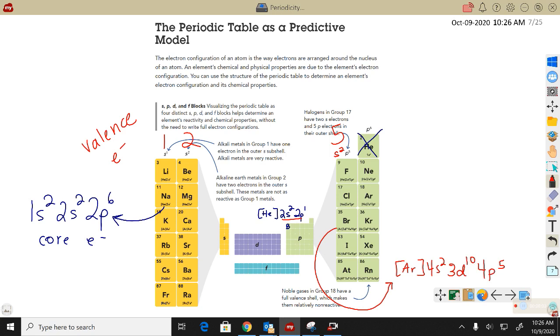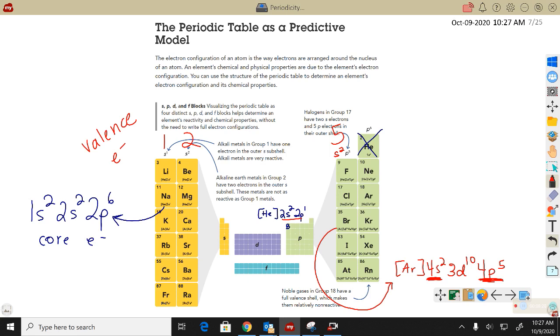That's normally how I write it. It's totally fine that they've rearranged them a little bit here, because what they're trying to show is the valence electrons. They're the electrons in the highest energy level, which is the 4th. So it's these guys and it's these guys. These are my valence electrons. Highest energy level in bromine would be the 4th.